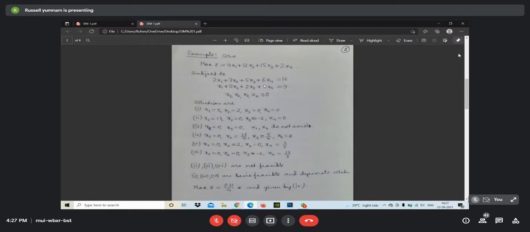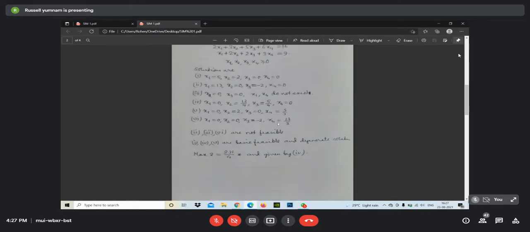That type of solution is called the basic solution. And then these are all basic solutions. In a basic solution, some values may be negative and some values may not be negative.